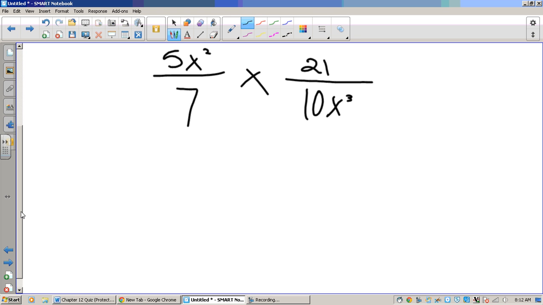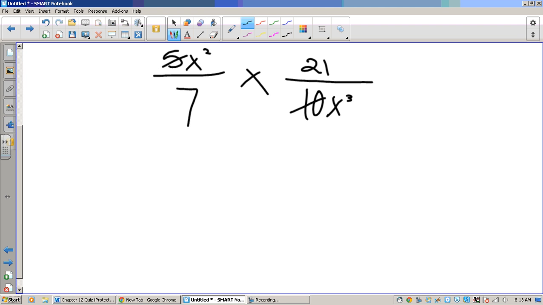You can either cross multiply, or you could do some simplifying. If I wanted to, I could multiply straight across, 21 times 5 and 10 times 7. However, at this time it's way easier to simplify here and look for common factors. In this case, the 5 goes into the 10.